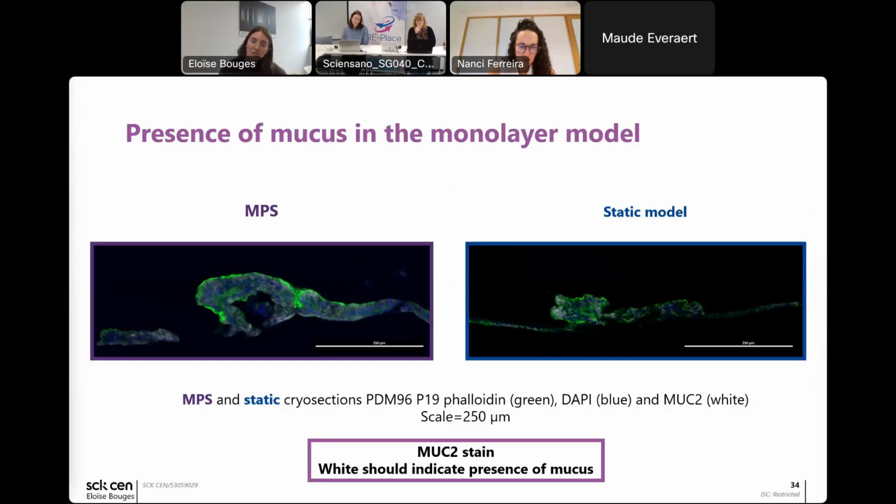On the left, you have the MPS cross section, and on the right, the static one. We used a stain to look at first the cytoskeleton and the nuclei, but also the presence of mucus with MUC2 stain. We can see that it seems to be present in both of the models. However, it seems to be more present in the MPS.